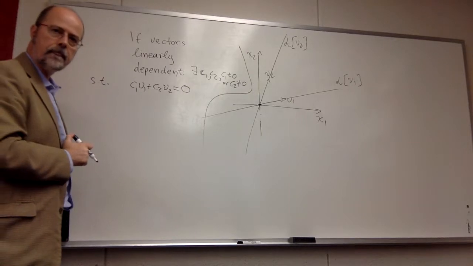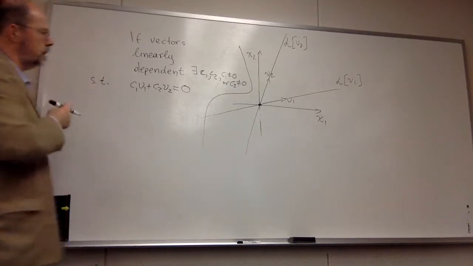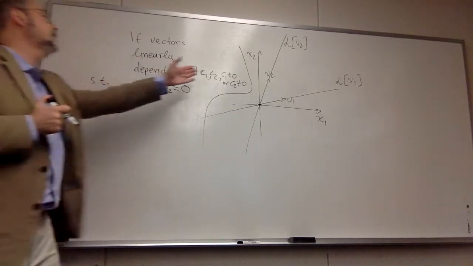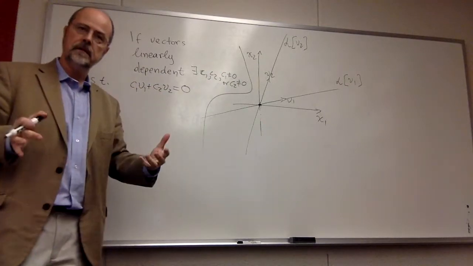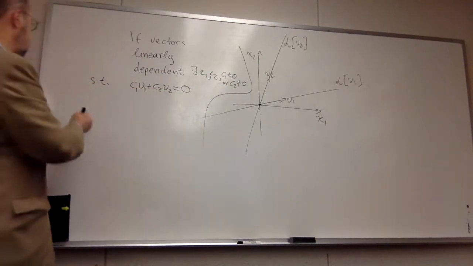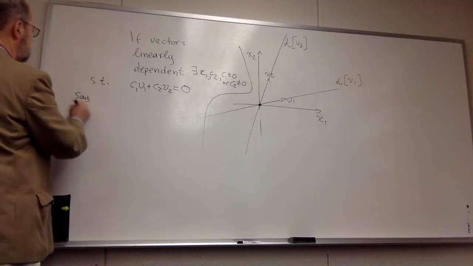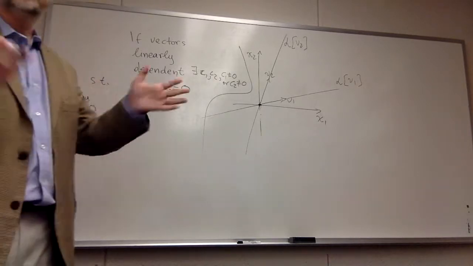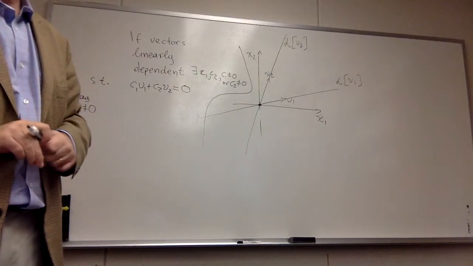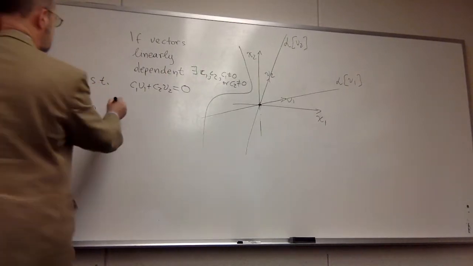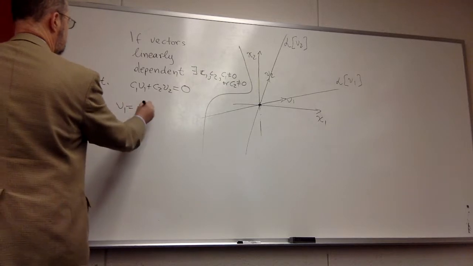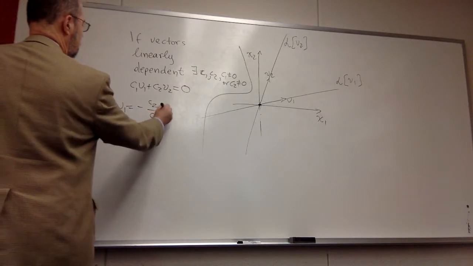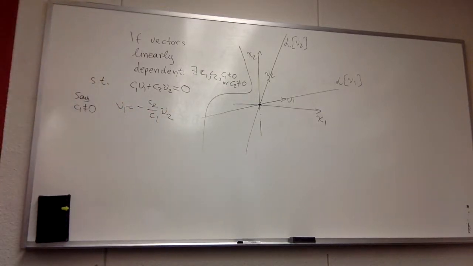Since at least one of the C's cannot be 0, let's say C1 is the one that's not 0, and I'm not claiming anything about C2. So I can always then write V1 is minus C2 over C1 times V2.